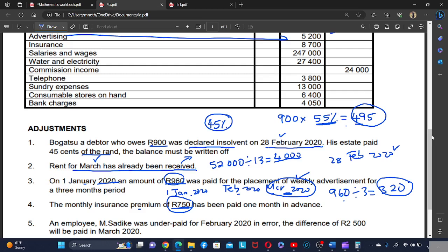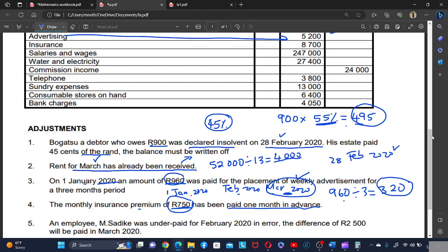What do they mean when they say we paid 1 month in advance? It means that we paid for the month of the next financial year.